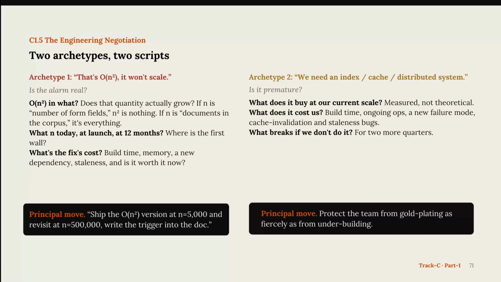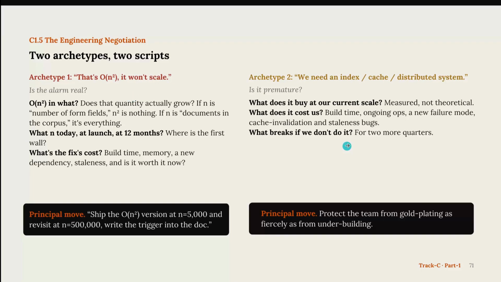What will happen in 12 months? Where is the first wall that we are going to hit? When is that going to come? And what's the fixed cost? Are we going to do ANN indexing, or what? Are we going to build RAG, or what are we going to do? Okay, so the build time, the memory, a new dependency, staleness, is it worth it now, or can we do it later? So it's more on the dimension of time.